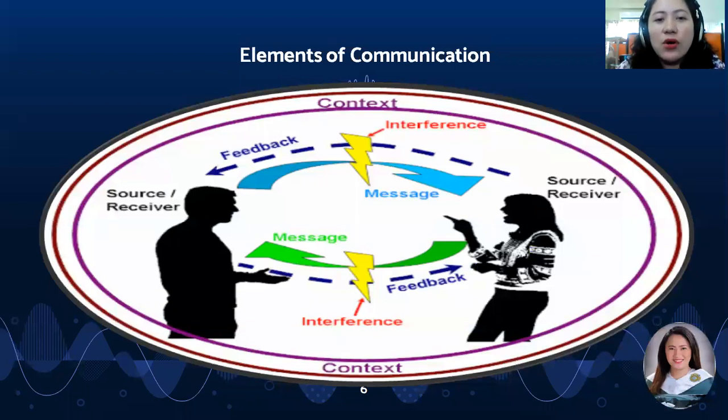Okay, so now I am showing you an illustration of the elements of communication. If you'll see, we have here the source and the receiver. So in turn, as the conversation continues, the receiver will also become the source, as he or she will give the feedback.